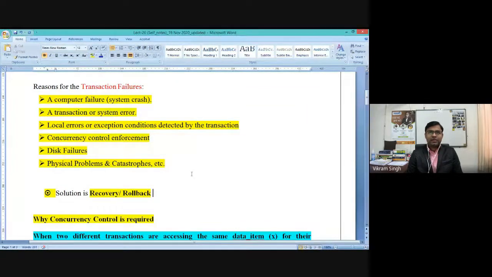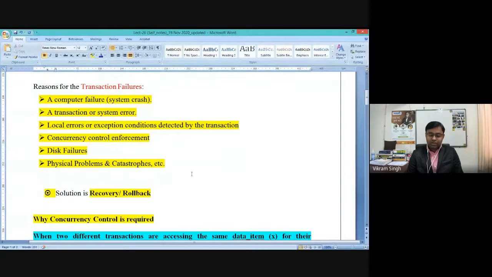So in a database or in any transaction processing system, it is a very normal and common situation that a particular data value is being accessed by multiple users via concurrent access, right?